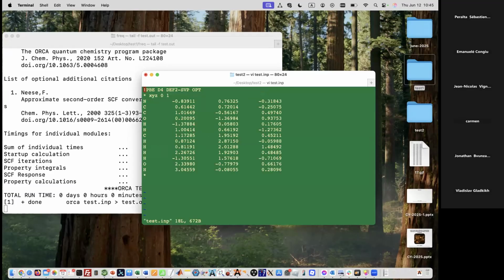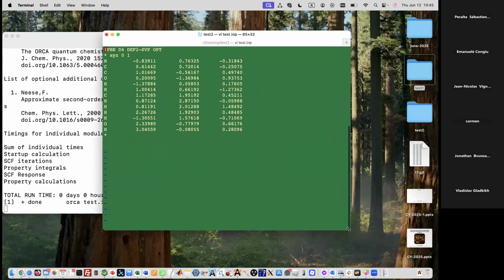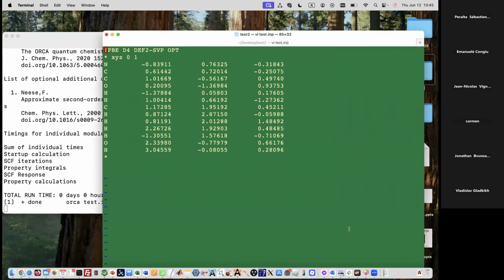What I mean is, in our first computation we just performed optimization, but if you put the frequency keyword here, it will first optimize the structure and then run the frequency calculation. So that's easy actually.